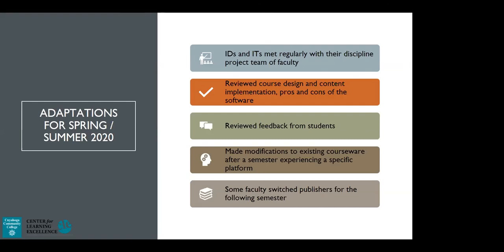And one thing we could also add to that is faculty who had initially started implementing adaptive courseware were very much ahead of the game when it came to moving to online during the whole COVID move to online that we all had in March.